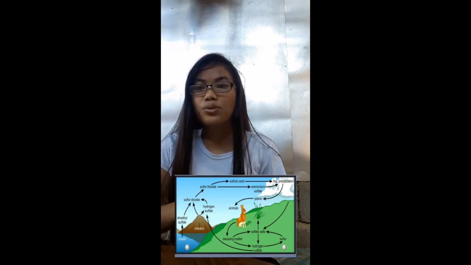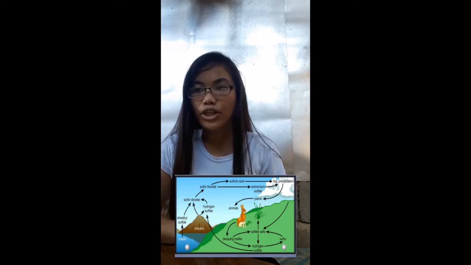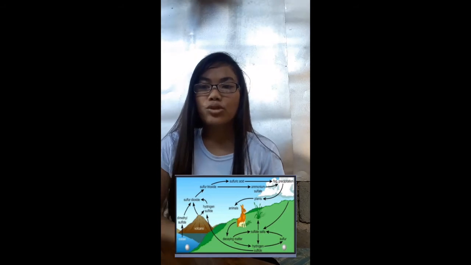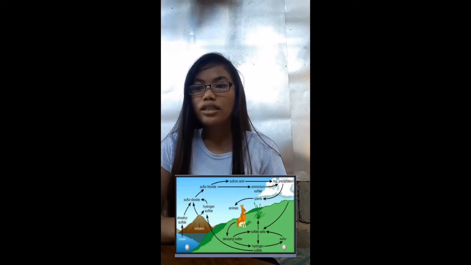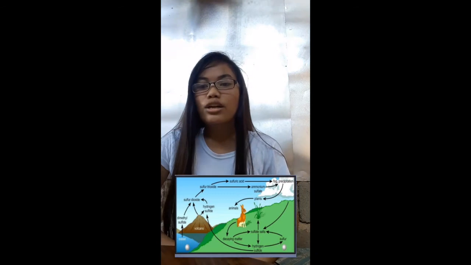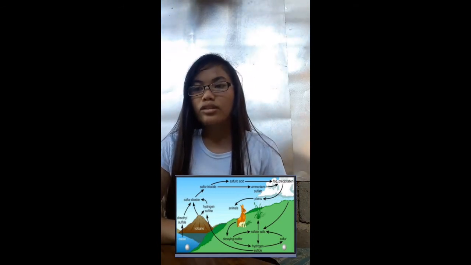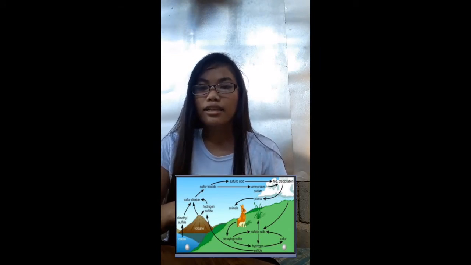The burning of fossil fuels such as coal and oil releases sulfur dioxide into the atmosphere. Sulfur dioxide reacts with atmospheric oxygen to produce sulfur trioxide. Some sulfur trioxide reacts with tiny water droplets to form sulfuric acid.